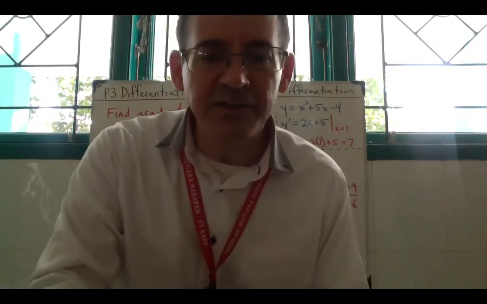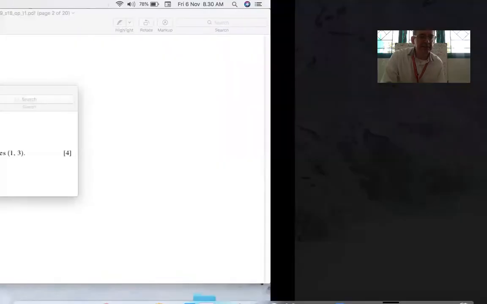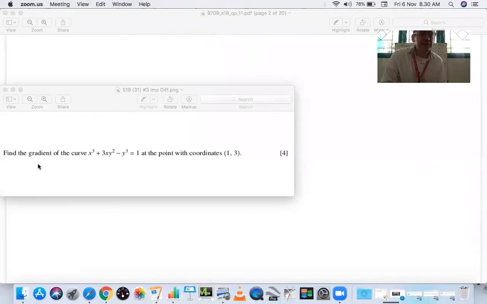So let's look at our first question here, and it says, find the gradient of the curve x cubed plus 3xy squared minus y cubed equals 1 at the point with the coordinates 1, 3.